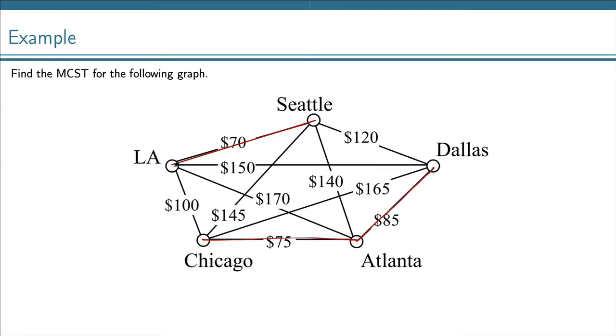Our next smallest is from LA to Chicago. And notice now we have visited every vertex, and that means we are done. This here is our minimum cost spanning tree. Notice that there is a way to get from any city to any other city using the path that we've created, and there's no unnecessary paths in order to do that. So that's our minimum cost spanning tree.